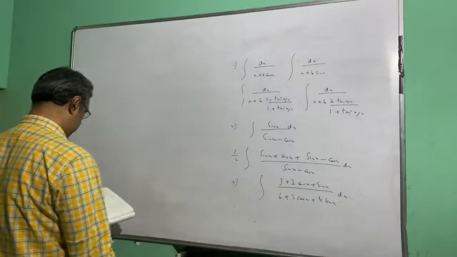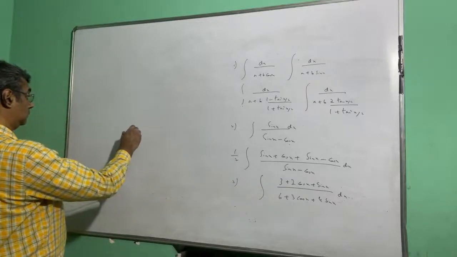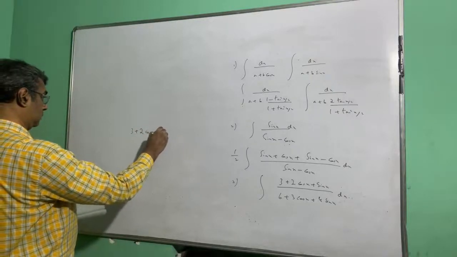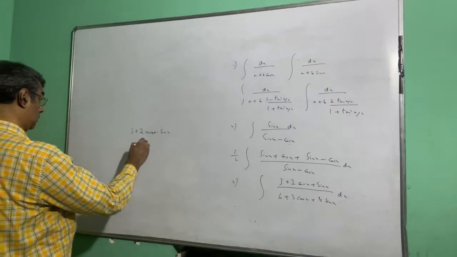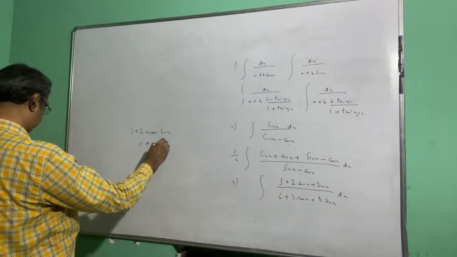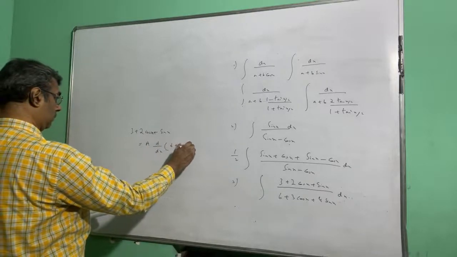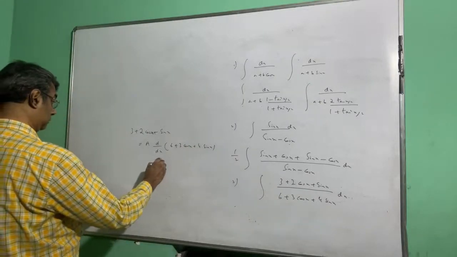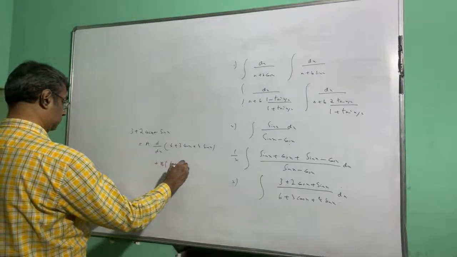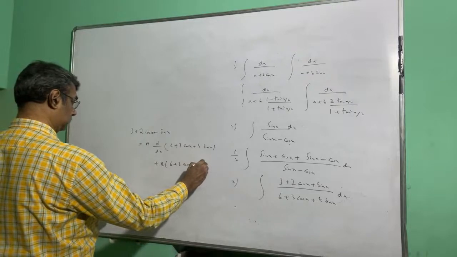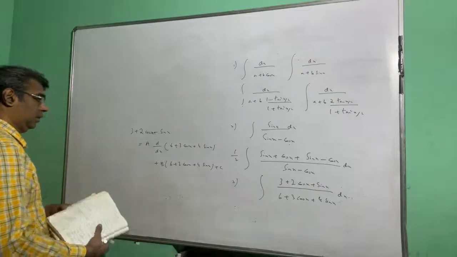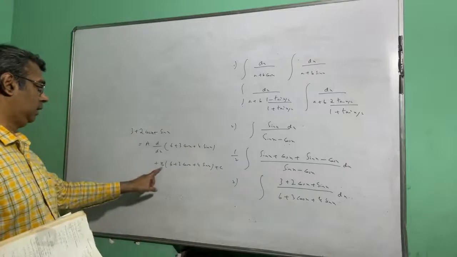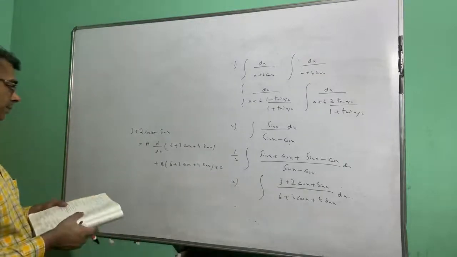So regarding this one, 3 plus 2 cos x plus sin x is a into d by dx of (6 plus 3 cos x plus 4 sin x) plus b into (6 plus 3 cos x plus 4 sin x) plus c. You have to do it like this.